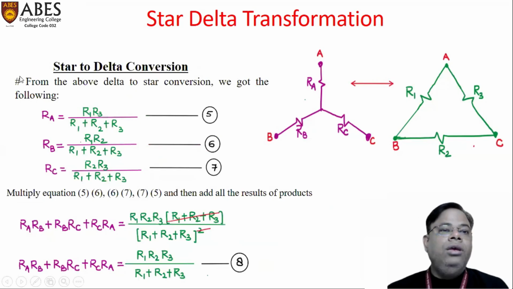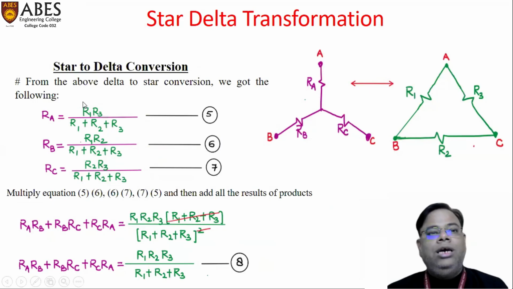From our previous slide, we have written here the results RA, RB, RC in terms of R1, R2 and R3. Now, in this section, we will try to find the values of delta connected resistances in terms of star connected resistances. It means we already know the values of RA, RB, RC, and we have to find the values of R1, R2, R3.